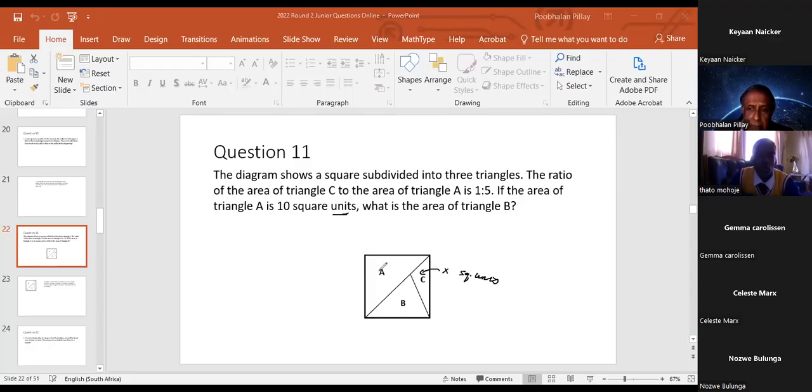So if this is X, then this area here is 5X, this triangle. But you got a square, and this diagonal splits the square up into two equal triangles, as you can see. So the area of this entire thing is 5X. So the area of this entire thing must be 5X also, right? The area of this triangle here.